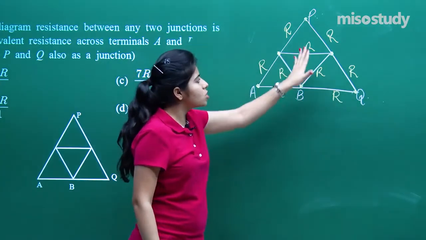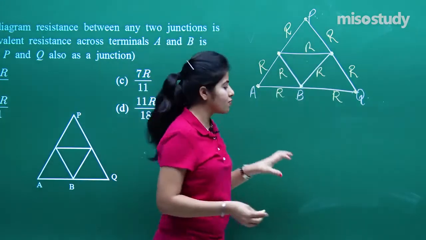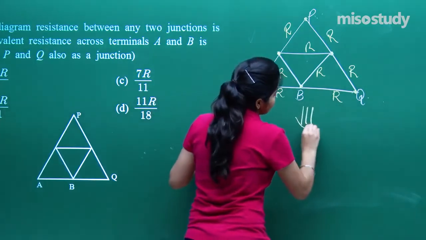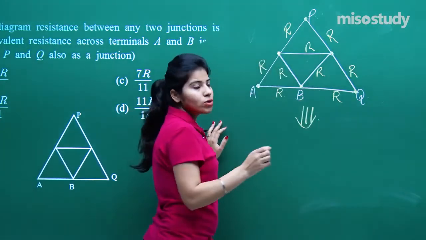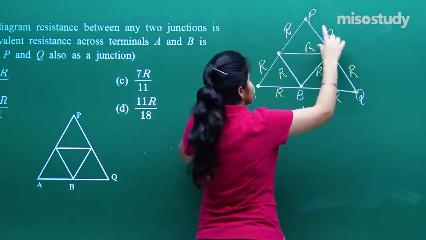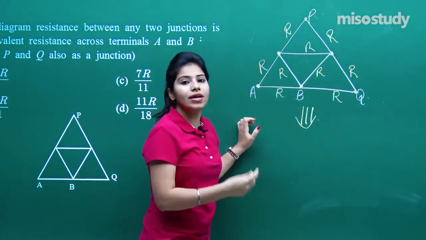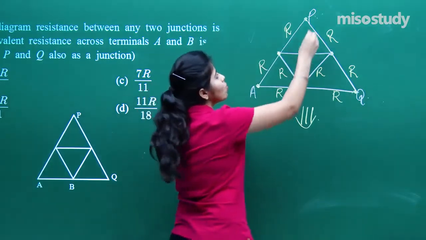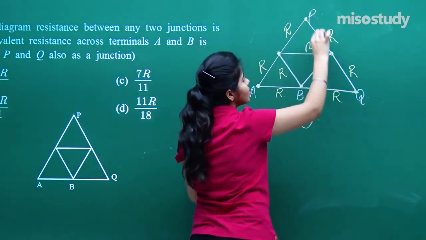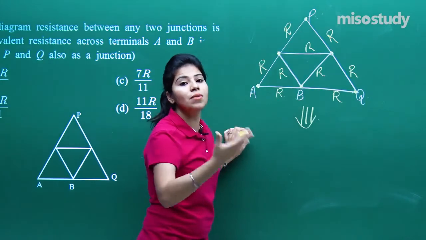What we are going to do is first simplify the circuit. How? As you know, these two resistances are connected in series, because one arm is here and the other arm is connected at some other point.